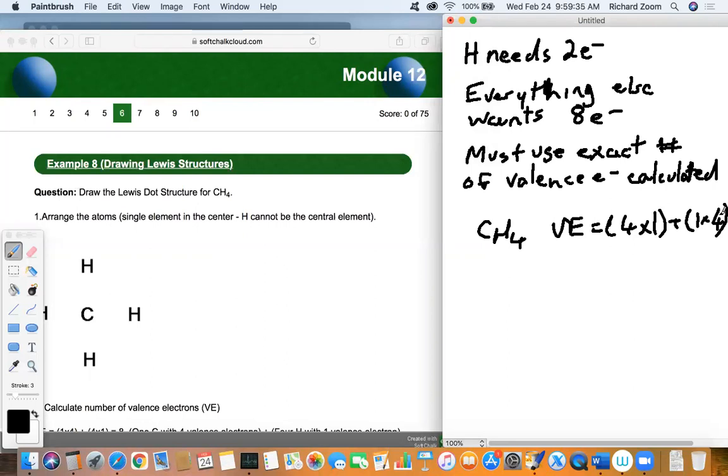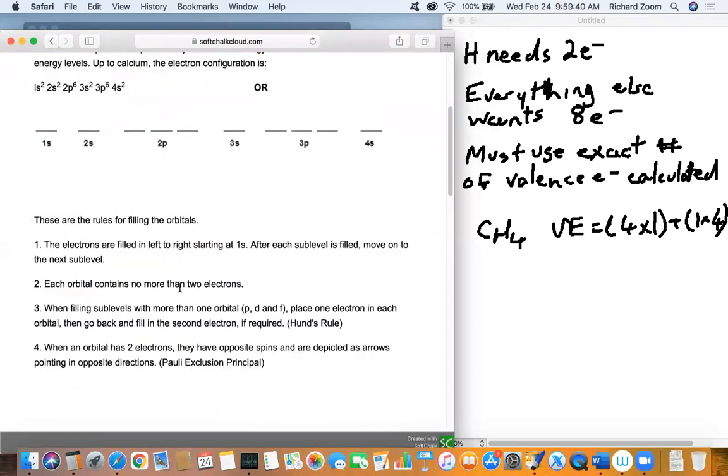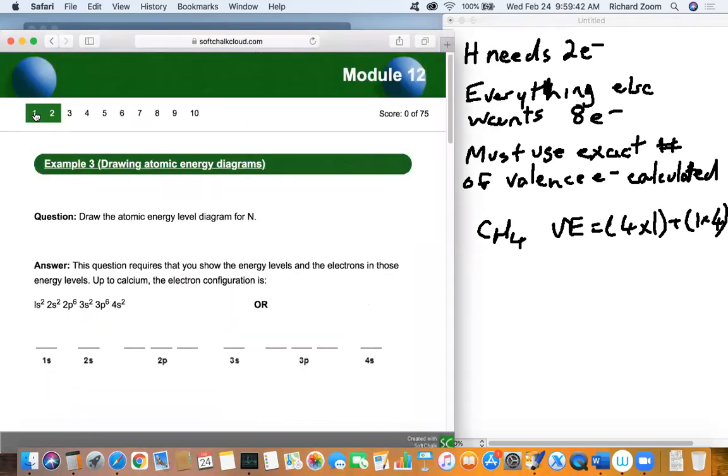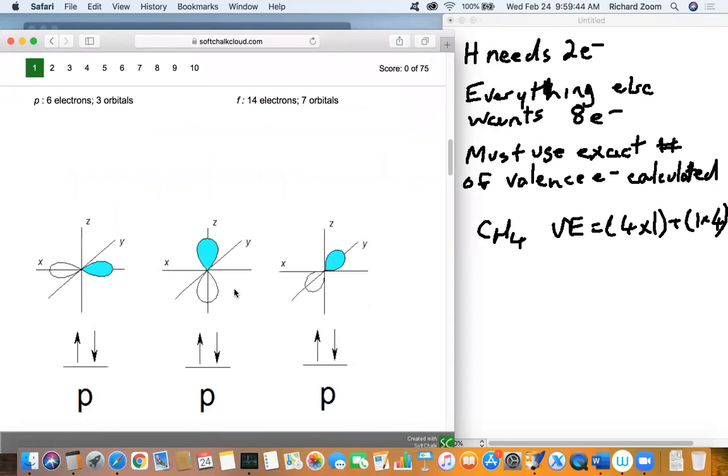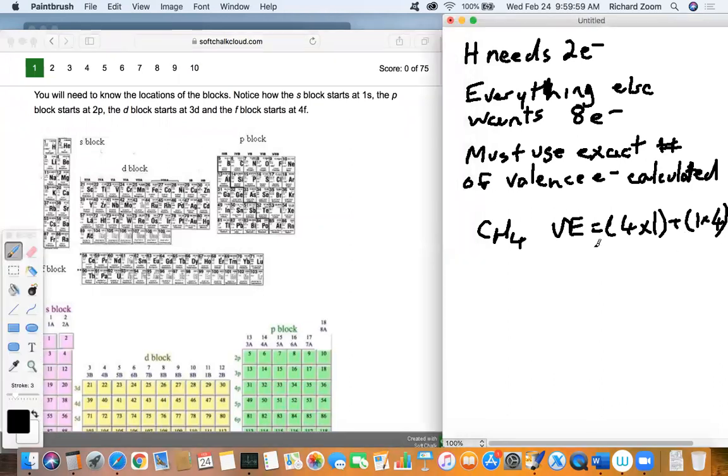If we go back to the periodic table, you can see that carbon is in group 4, and hydrogen is in group 1. There's one carbon, so it's 4 times 1, and then 4 hydrogens, so it's 1 times 4. That total would be 8. So we've got 8 electrons that we must use.